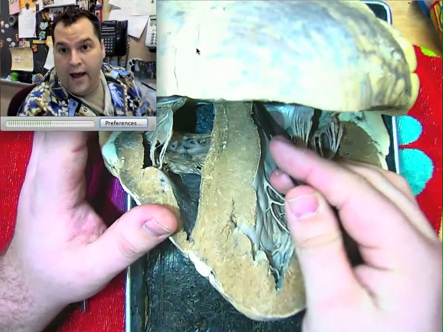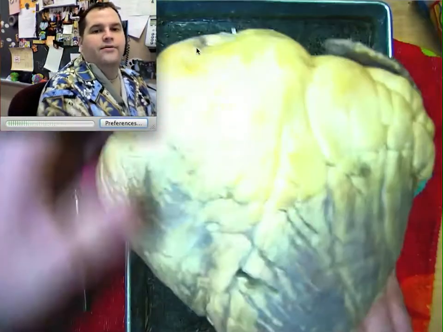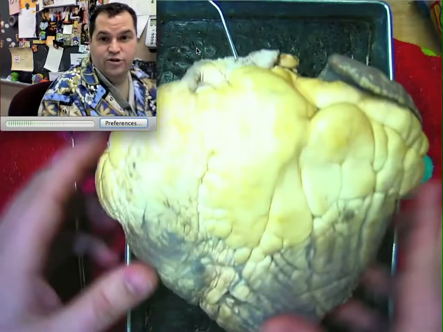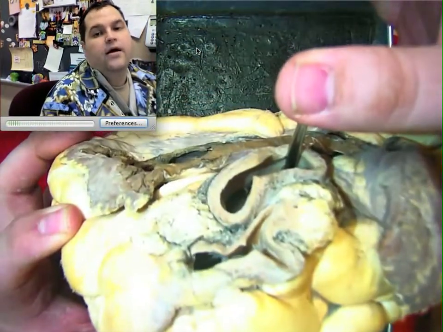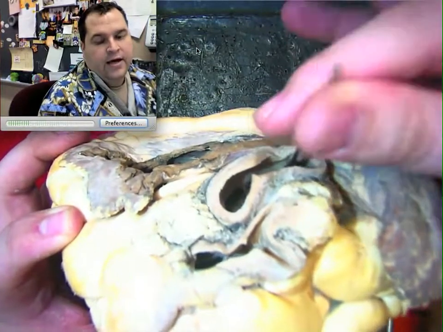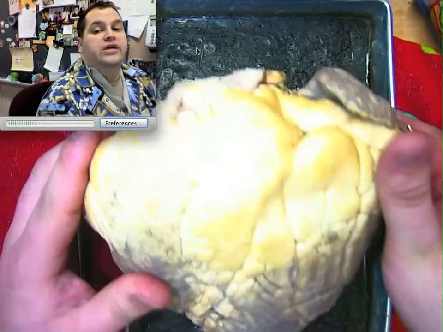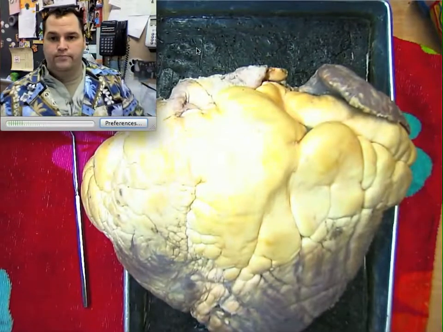Now, where is that going? Well, wherever that probe comes out should be the aorta. And in fact, voila, the aorta. All right? And of course, it goes from the aorta to the rest of the body, back through the superior and inferior vena cava to the right atrium. And there we go.